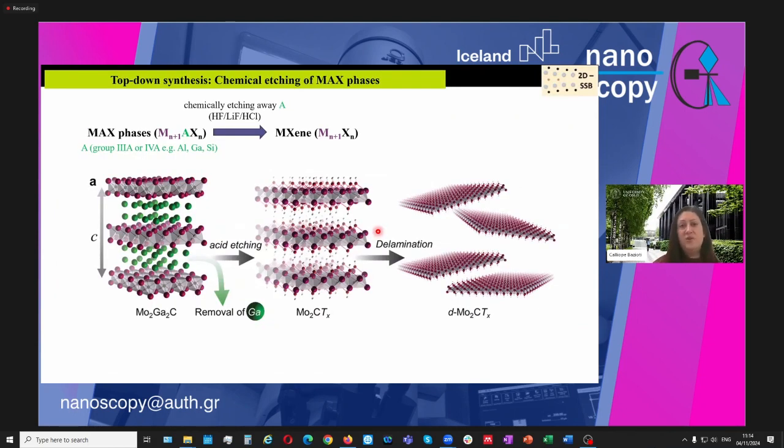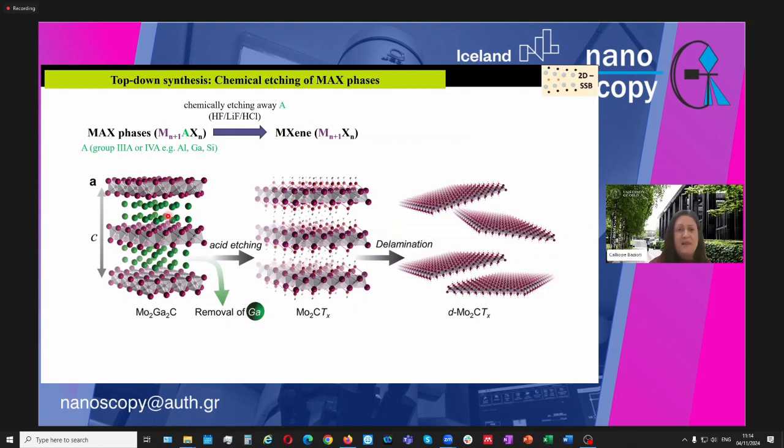However, a major drawback for achieving the full potential of MXenes as anode materials is their synthesis routes. So far, all of them are synthesized by top-down synthesis routes, in particular chemical etching of their MAX phases.